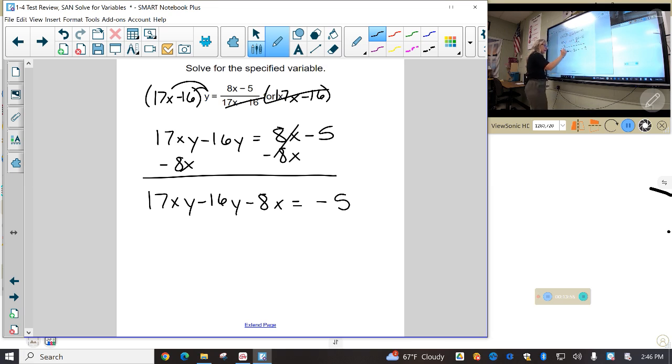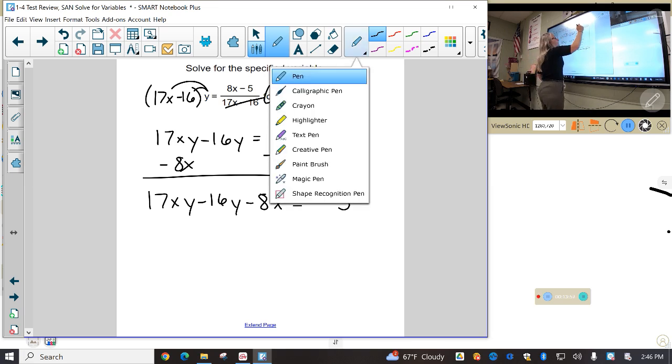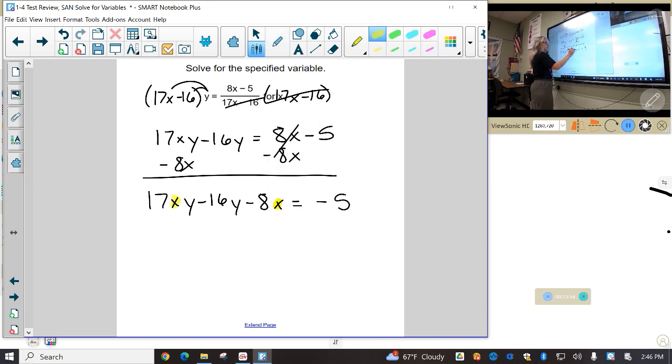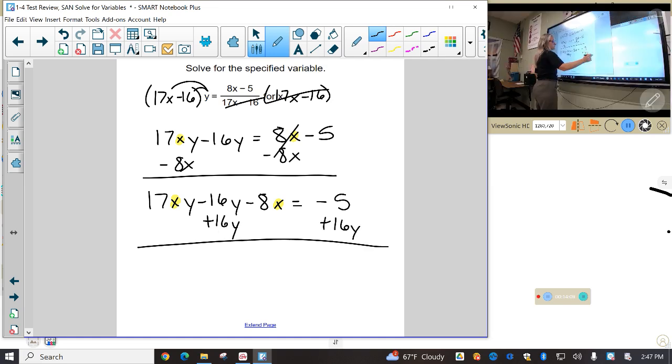Now, these both have x's in them. There's an x here, an x here. Okay, now they're on the same side. Get rid of everything that doesn't have an x in it. So add 16y. So I have 17xy minus 8x equals negative 5 plus 16y.